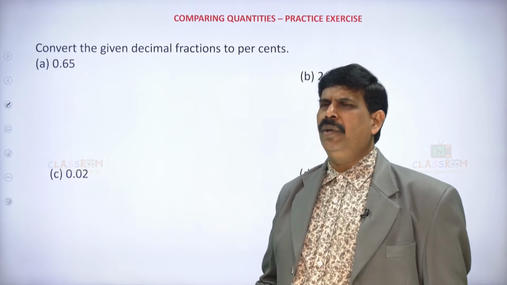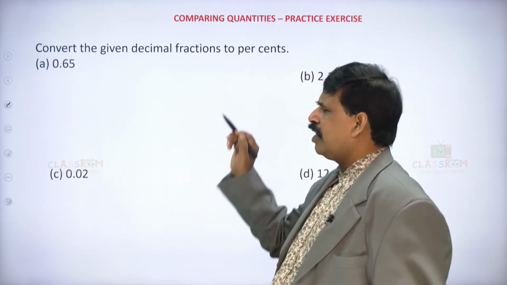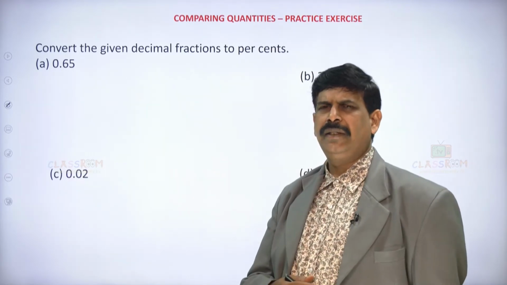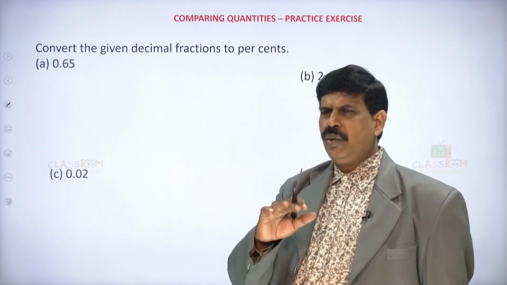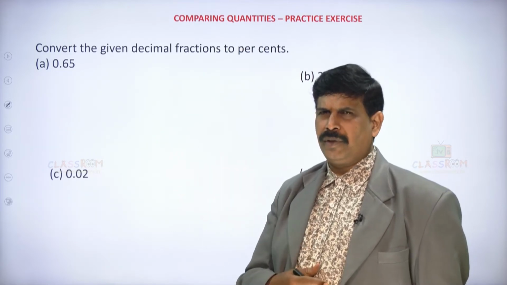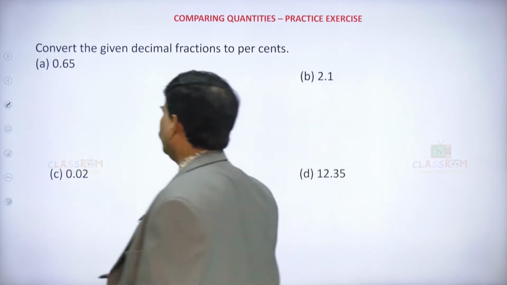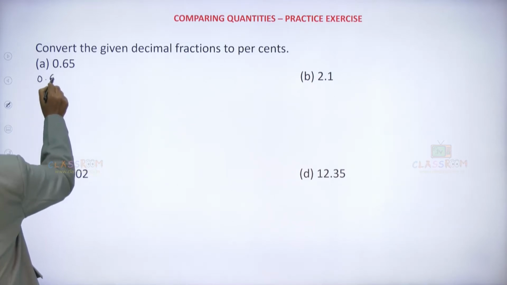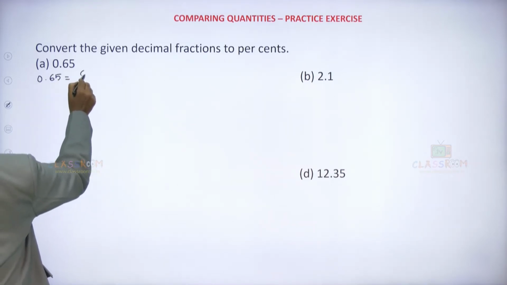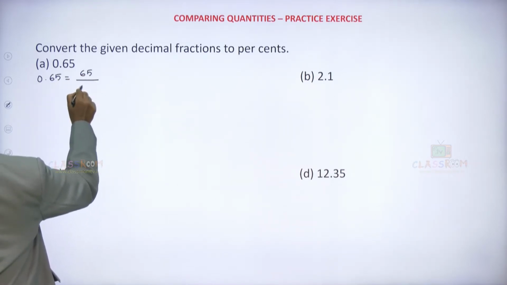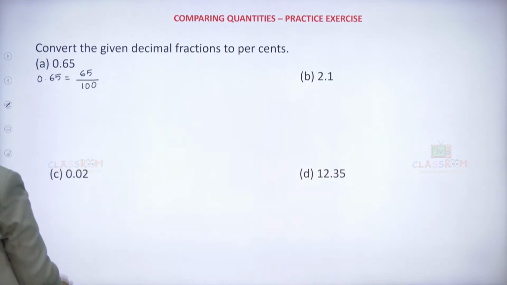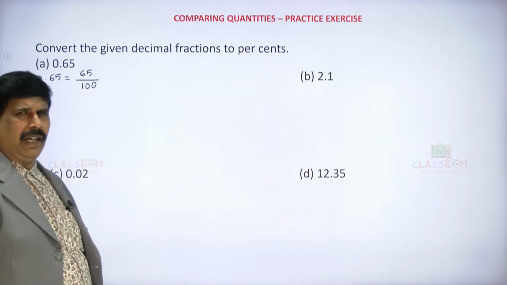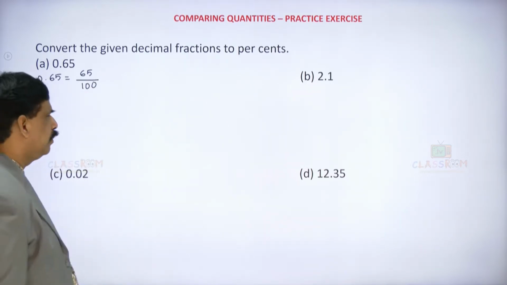Clear? Now, convert the given decimal fractions to percents. First what we do, we take this decimal fraction into the fractional form. 0.65, we can write it as 65 by 100. Okay, we converted into a fractional form.